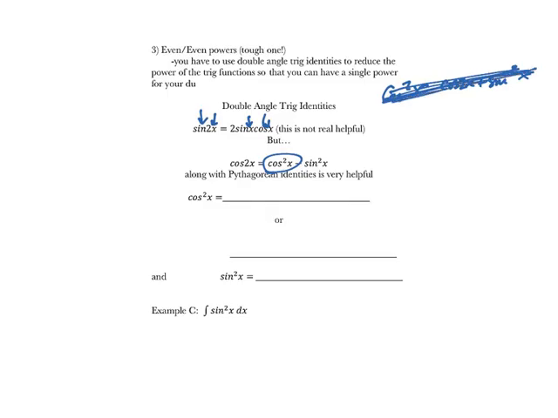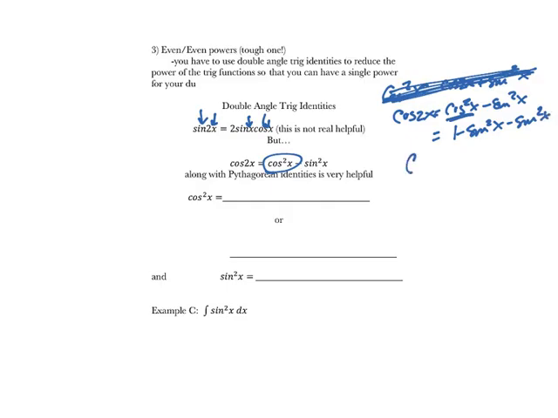And anyway, I digress. If I look at this double identity for cosine 2x, I see that cosine 2x is equal to cosine squared x minus sine squared x. Well, I know that cosine squared x can be expressed as 1 minus sine squared x. And then I still have this minus sine squared x.